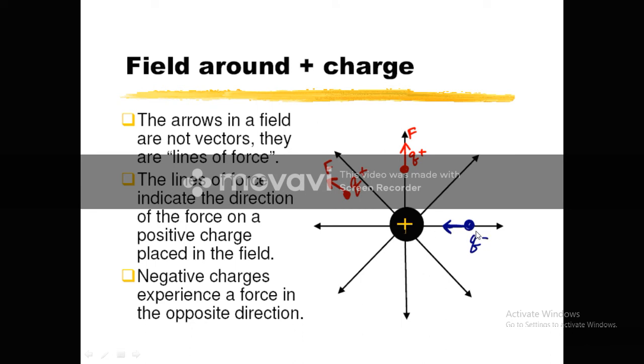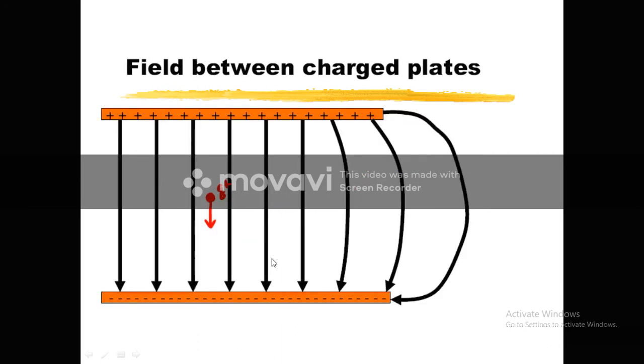Again, the force will be against the electric field. So the arrows in a field are not vectors, they are lines of force, and these are imaginary lines. The lines of force indicate the direction of the force on a positive charge placed in the field. The negative charge experiences a force in the opposite direction, just like that.